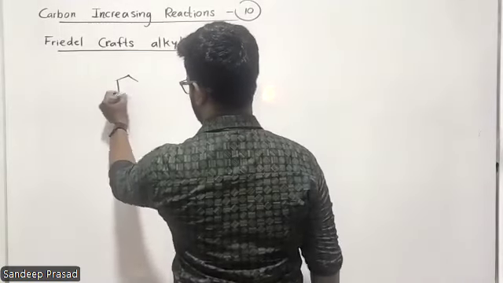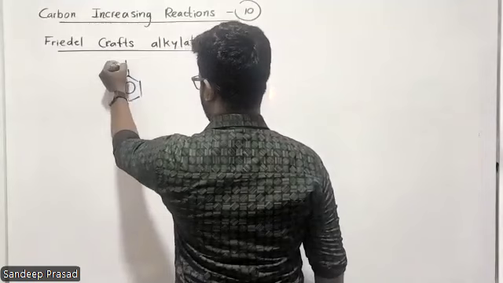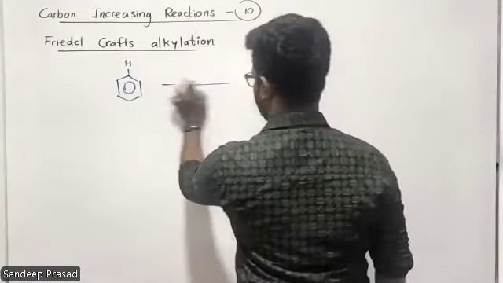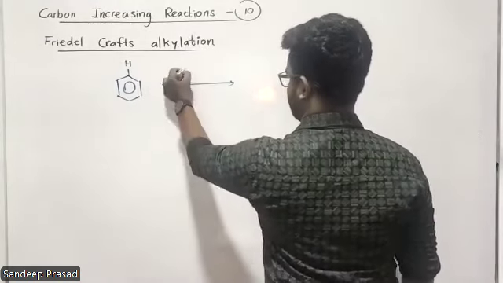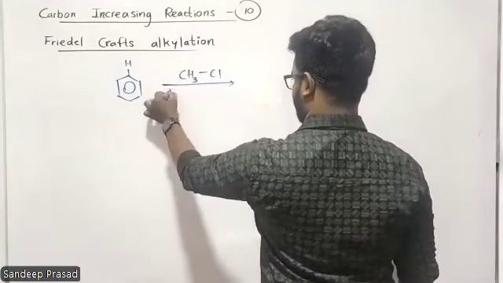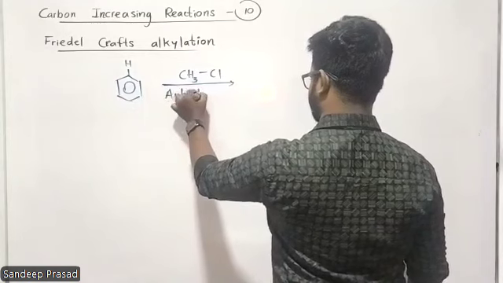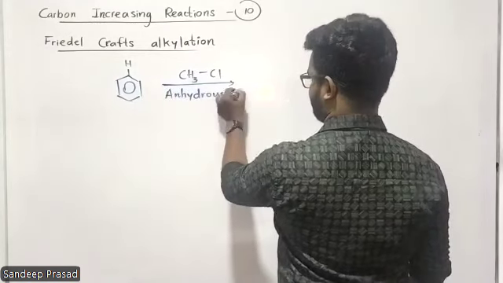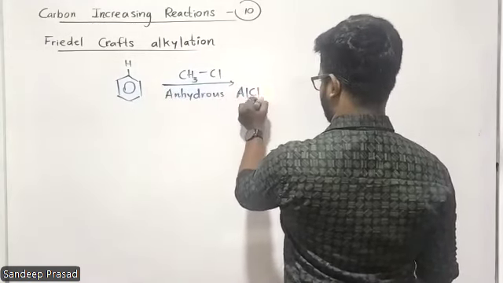We have the benzene molecule and we are adding an alkyl halide like CH3Cl in the presence of a catalyst like anhydrous aluminum trichloride.